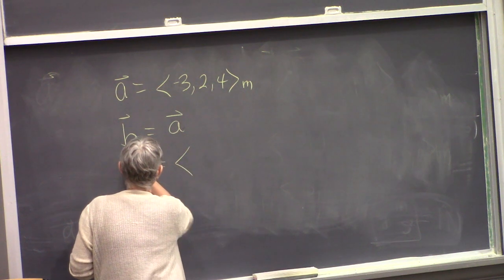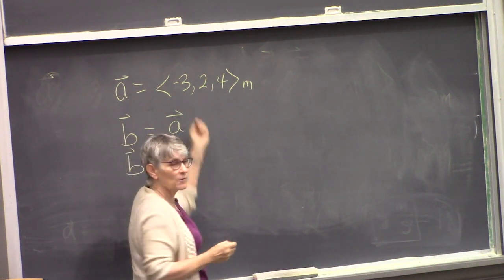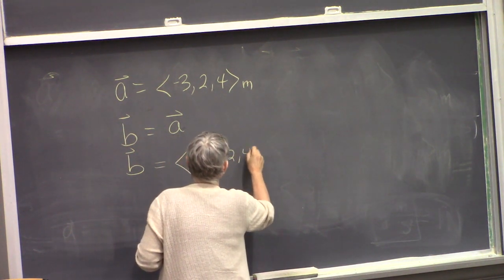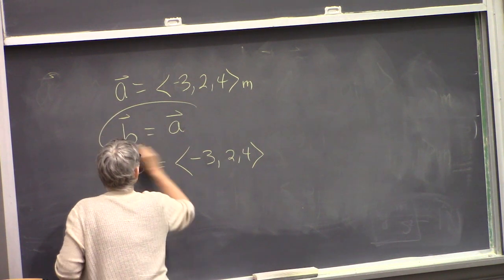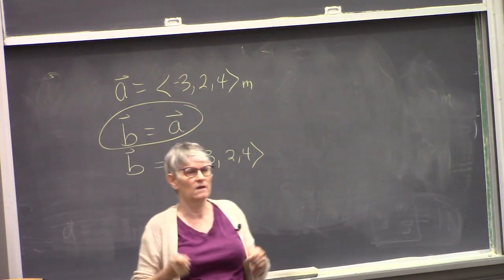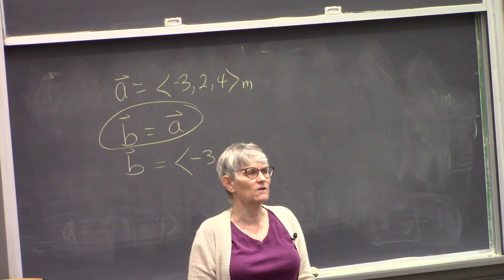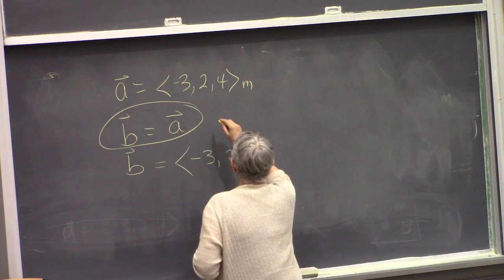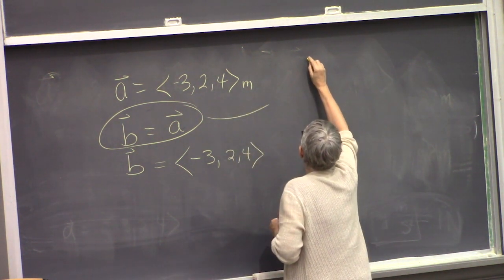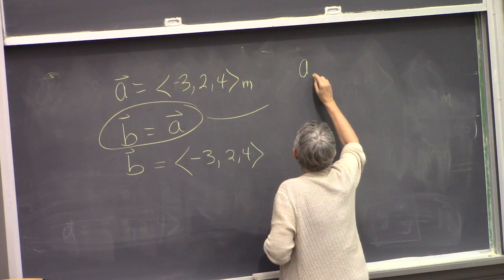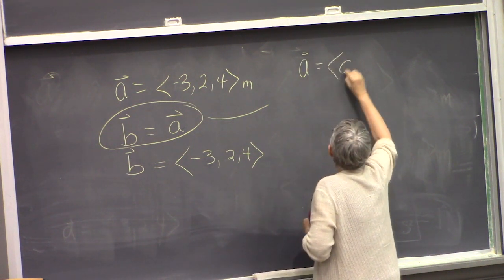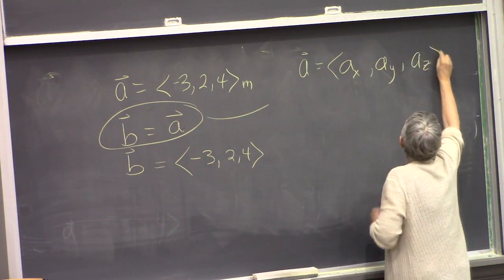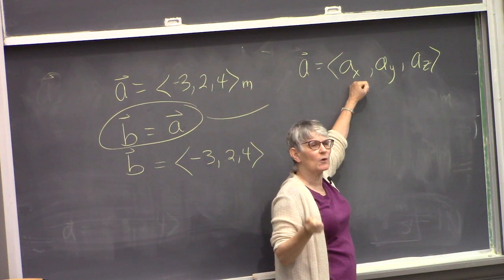So if we write B, the components must be the same. So B must be negative 3, 2, 4. So this vector equation is really a very compact way of writing 3 separate equations. What it really says is that if we have some vector A equal to A sub x, A sub y, A sub z, these things here we call components, right?